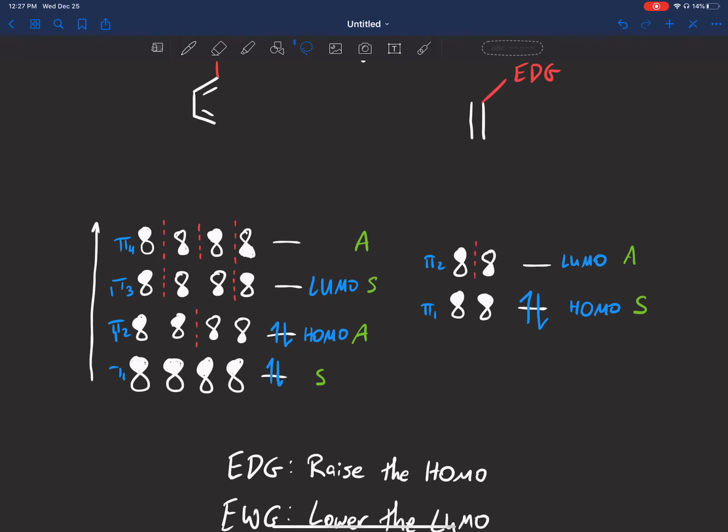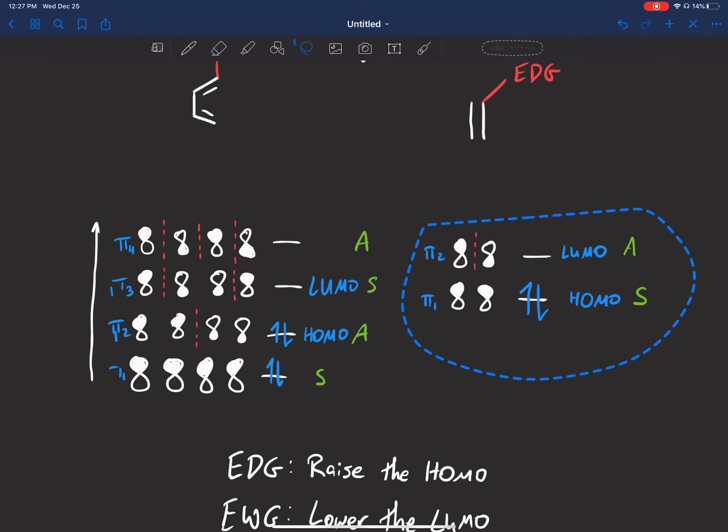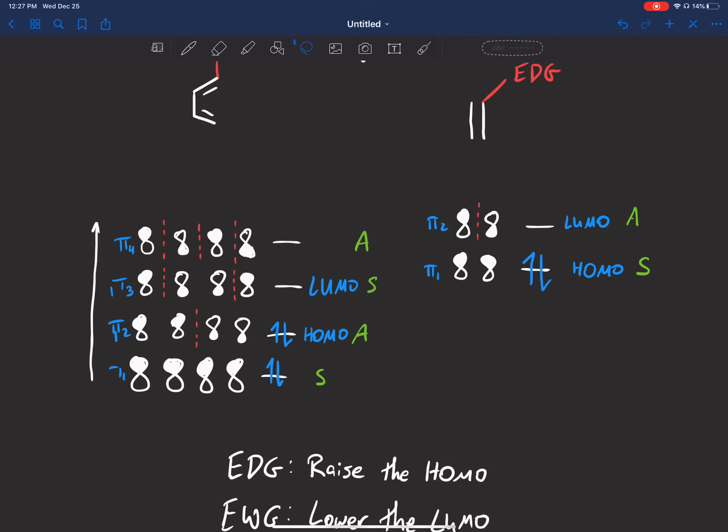The donating group is going to raise the energy here. All right? So now, in this case, the HOMO and LUMO are further apart. You can see now, we did the reverse of what we wanted to do. We wanted to bring the HOMO up and the LUMO down, right?